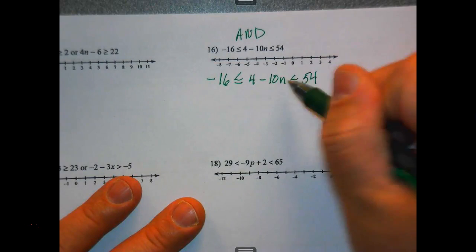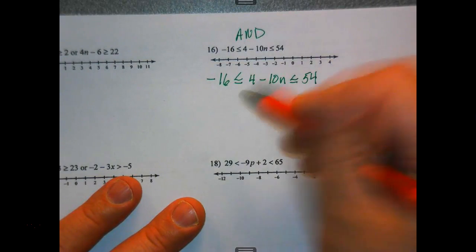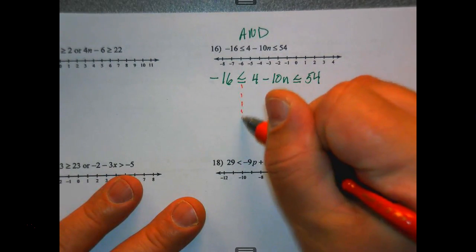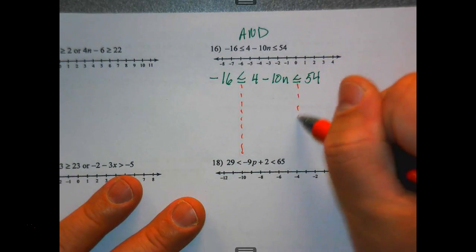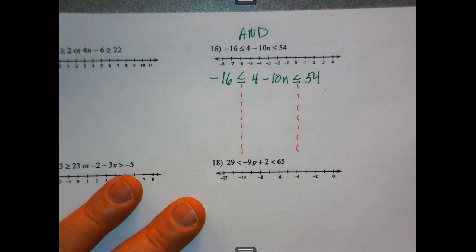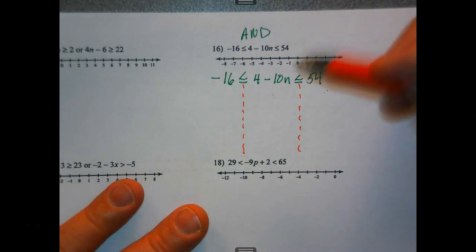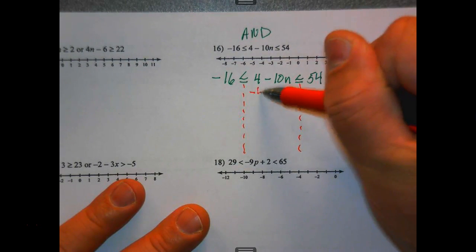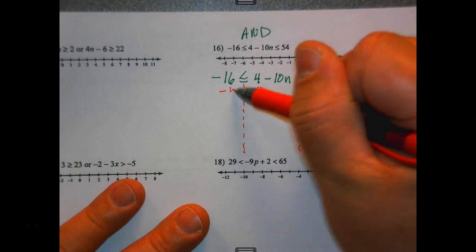Still have to get the n by itself. Actually, 3 terms that I have to deal with at the same time. So I need to get n by itself. I'm going to subtract 4 from all parts.